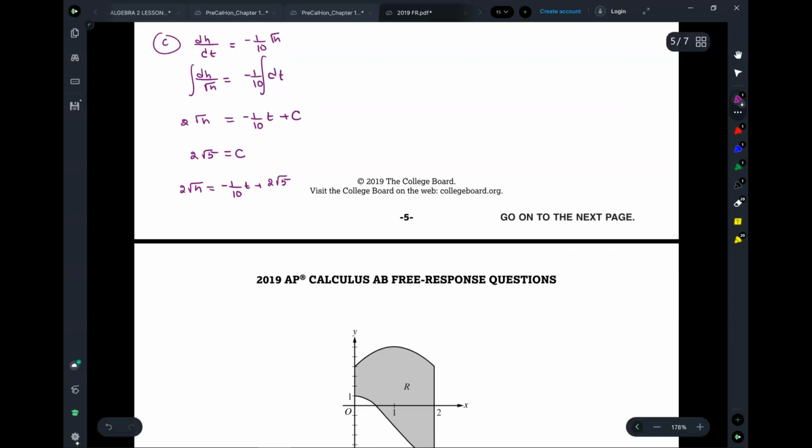Divide everything by 2. Root h is negative 1 over 20t plus root 5. And we square both sides, so h of t is negative 1 over 20t plus root 5, squared.